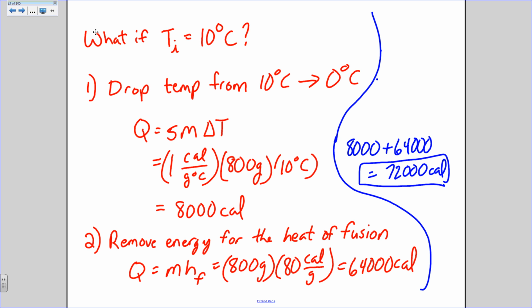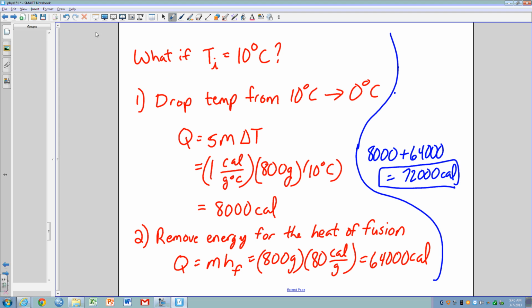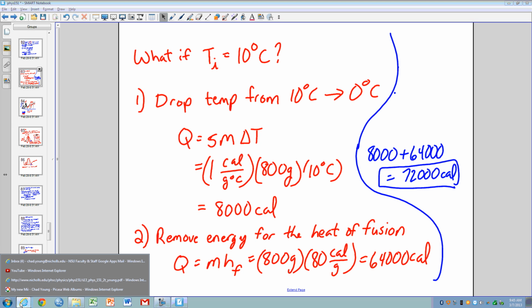This was heat of fusion, but it's a similar thing for heat of vaporization. To change phases requires a lot more energy than to change temperature in general.